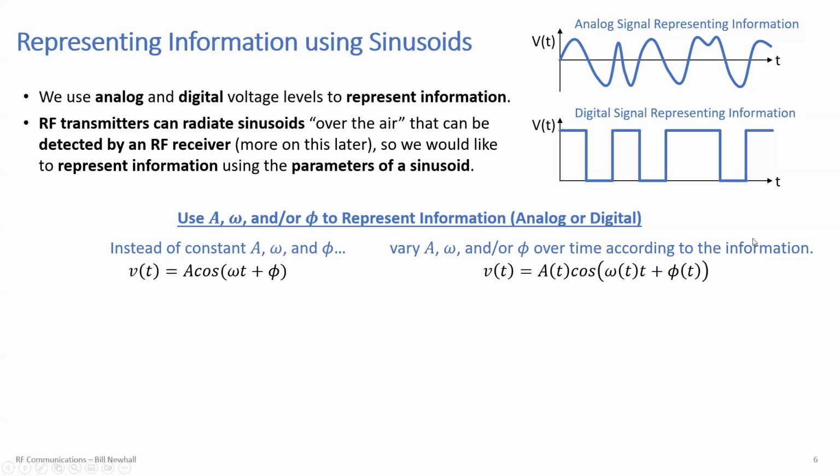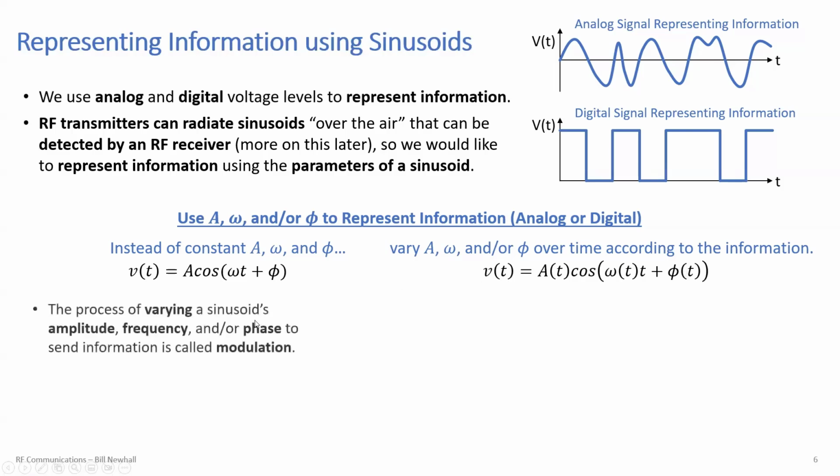So that information is going to change amplitude, frequency, and/or phase. That process of varying the sinusoid's amplitude, frequency, and/or phase to send information is called modulation.